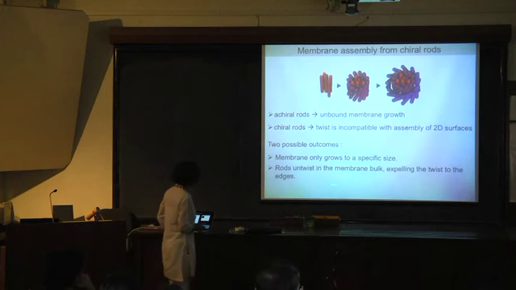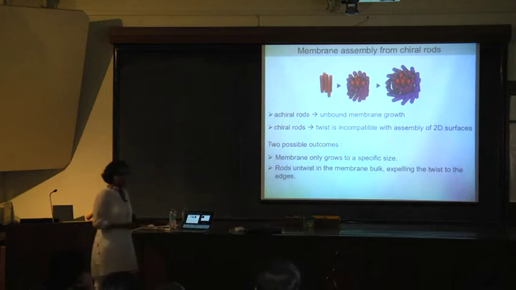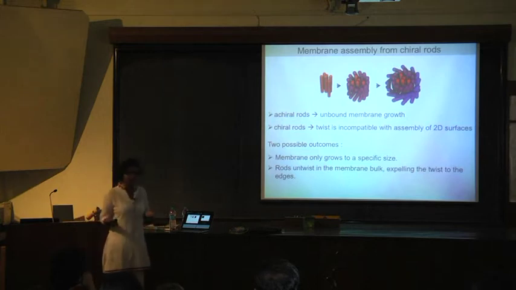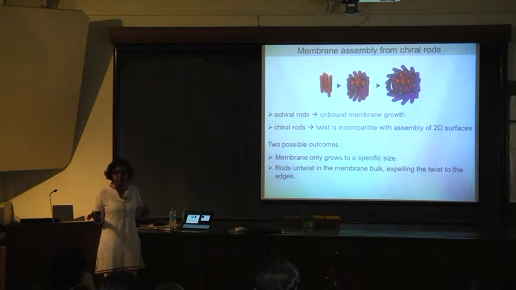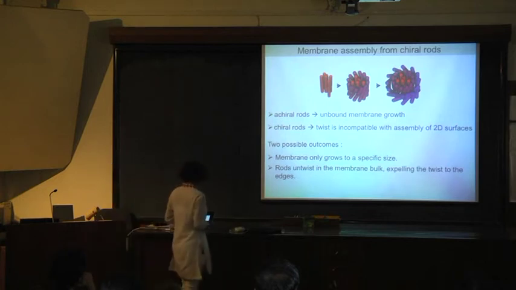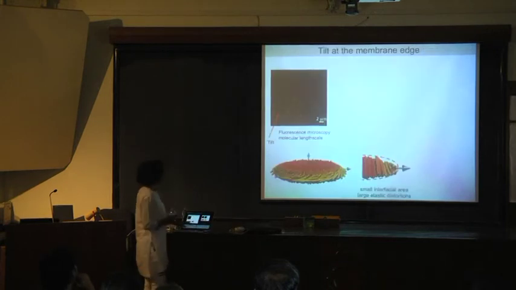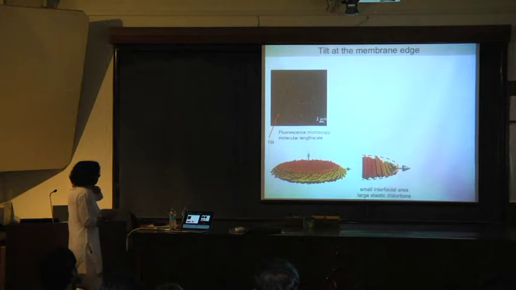It is the second route that our experimental system takes. And this expulsion of twist has a one-to-one analogy with how a superconductor expels magnetic field, and that was figured out by de Gennes. So we can visualize the tilt in our system using fluorescence microscopy.